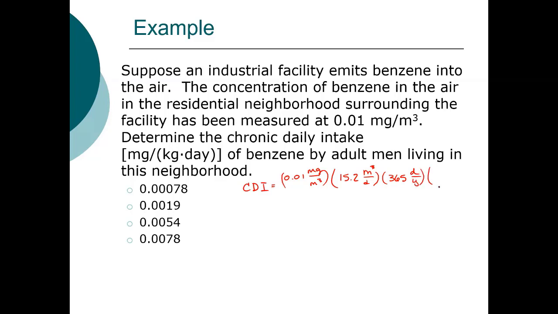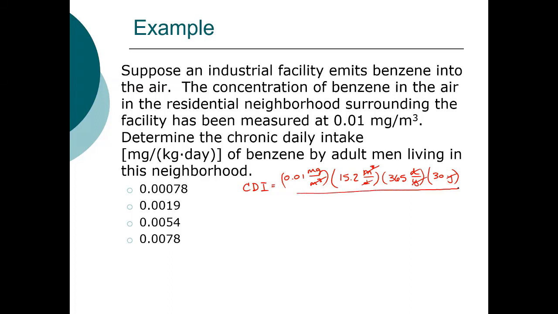And the table also states that the typical time that someone resides at a home is 30 years. So 30 years is the duration. And note, meters cubed cancel, days cancel, years cancel, and we're left with milligrams.